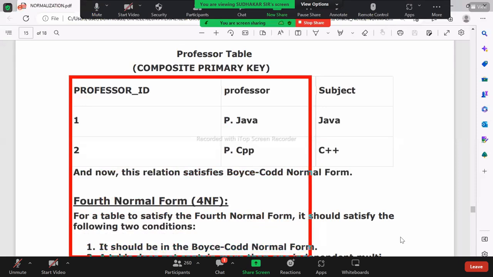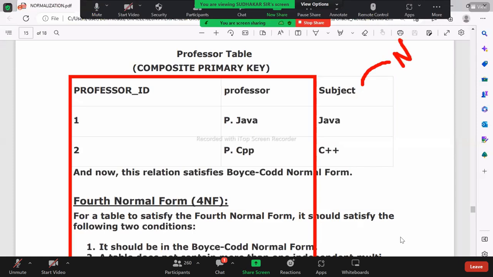Now, subject is not a primary key, and I'm saying it is a non-super key. Professor is a super key because it is a composite combination. How can you say subject is a non-super key? Can you tell me? Can I insert now?